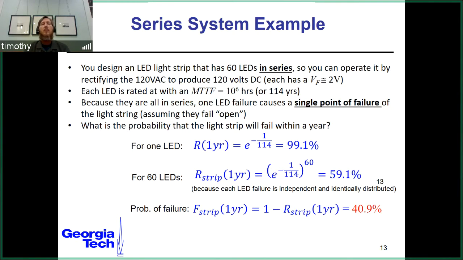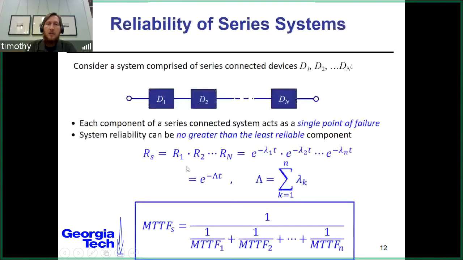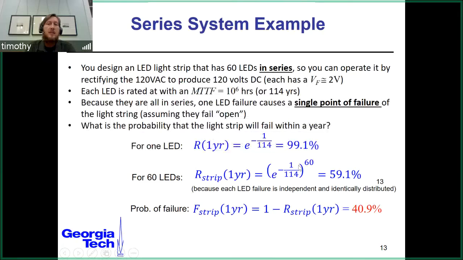We're good. But now if we take 60 of those, we need to multiply them together as we showed by the equation on the last page. R is going to be the product of all R1 to Rn together. We can do that by just raising this to the 60th power. If we have 60 LEDs in the light strip, it now becomes a 59.1% probability that the light string will survive the first year.